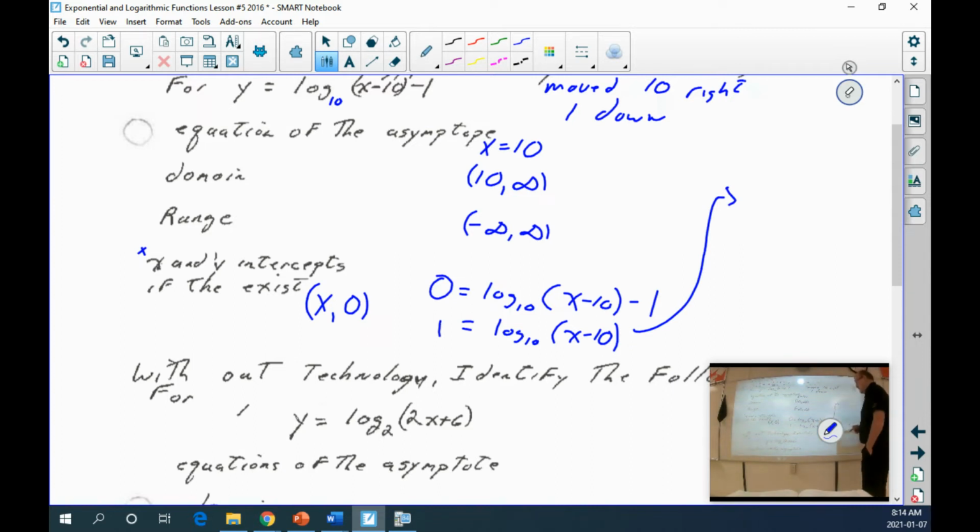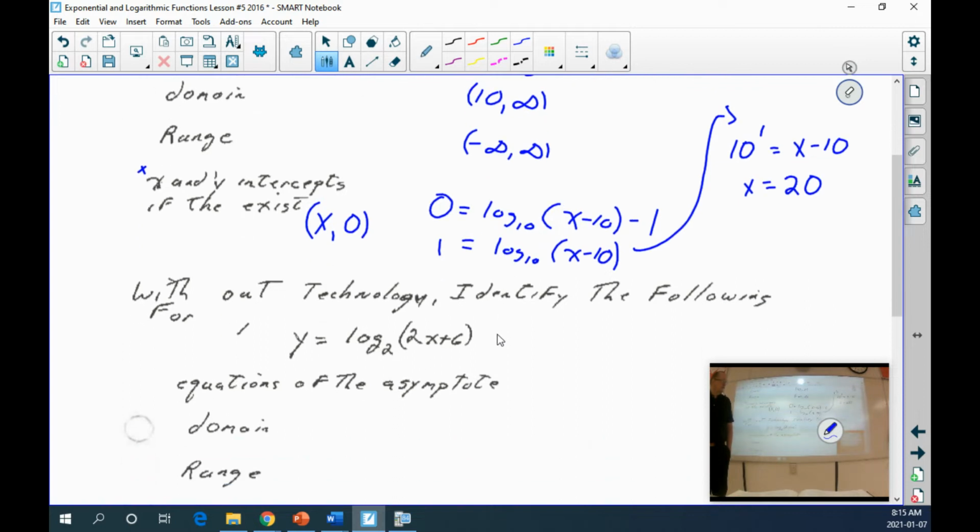Since we have a logarithmic equation where we want to solve for the unknown, I am going to write that in exponential form. 10 to the 1 is equal to x minus 10. x is equal to 20. And that's because we took the negative 1 down. So I tried to do it without thinking it through. There's always a way to figure out the x-intercept: plug in 0 for y.